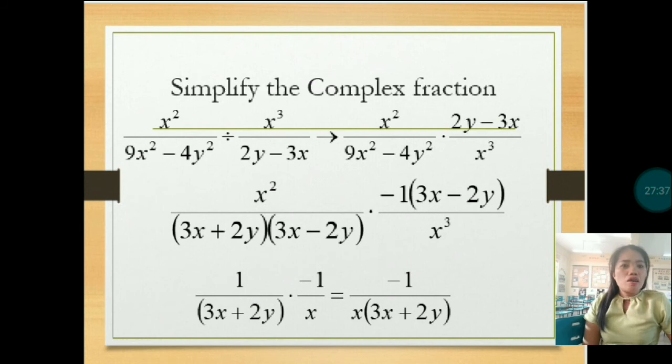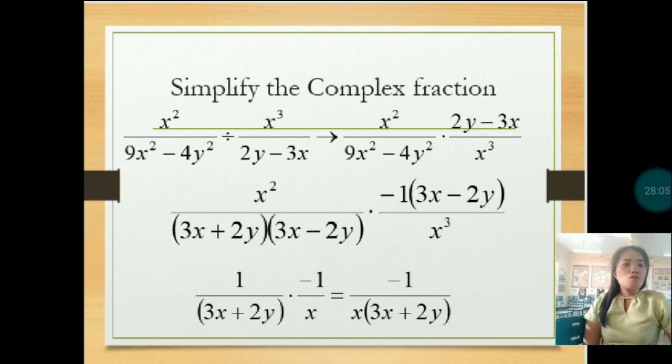And since our 3x minus 2y has been cancelled out already, both the numerator of the second expression and the denominator of our first rational expression. And then we have x cubed divided by x squared, that is x. Okay? So what remains now, we have 1 over 3x plus 2y times negative 1 over x.